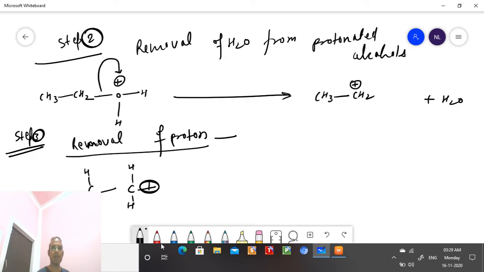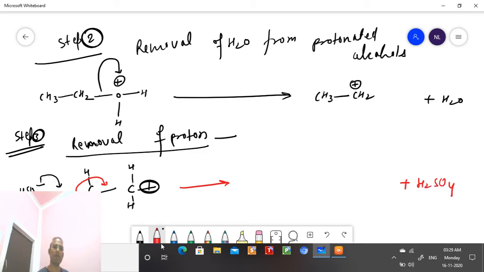From the back side the base is there, HSO4- from the first step. It will take out this proton, and this bond will shift here. H2SO4 is removed out as a catalyst.